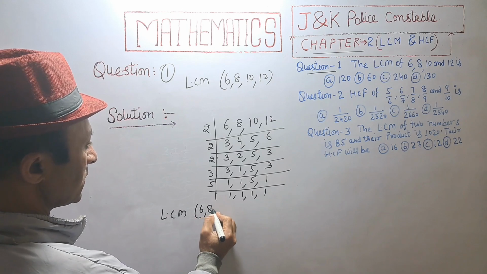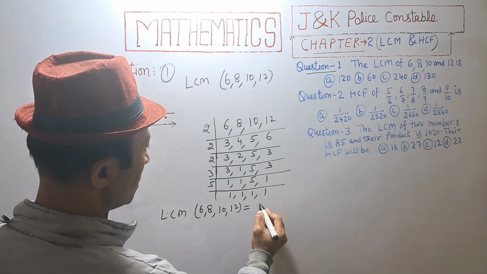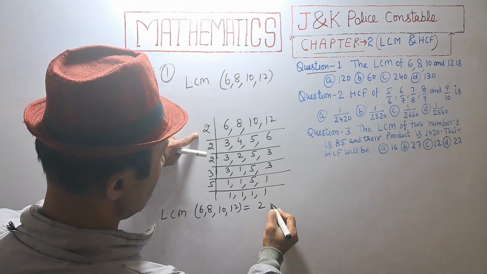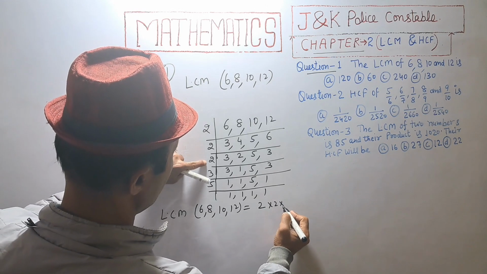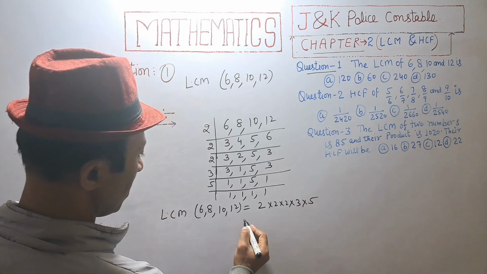LCM of 6, 8, 10 and 12 is equal to 2 into 2 into 2 into 3 into 5.